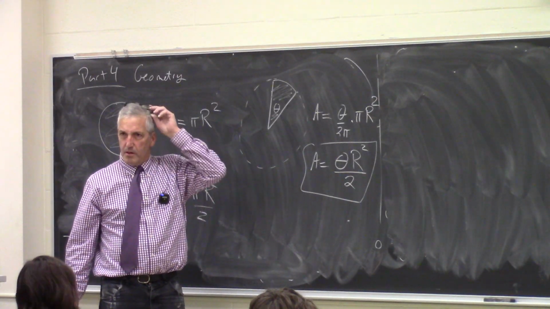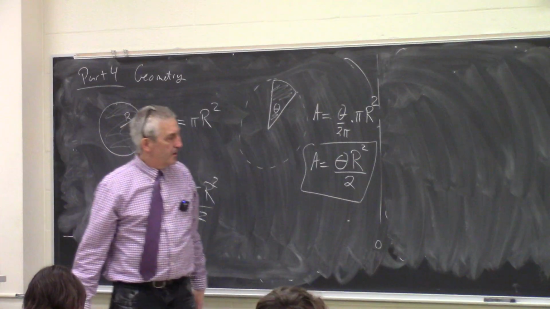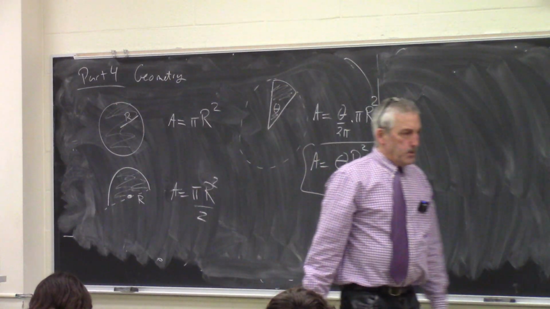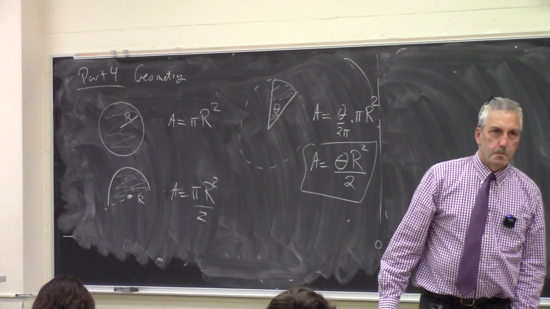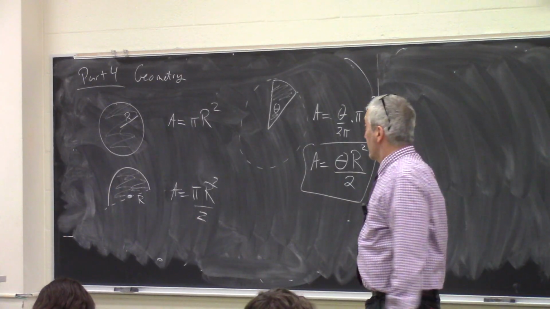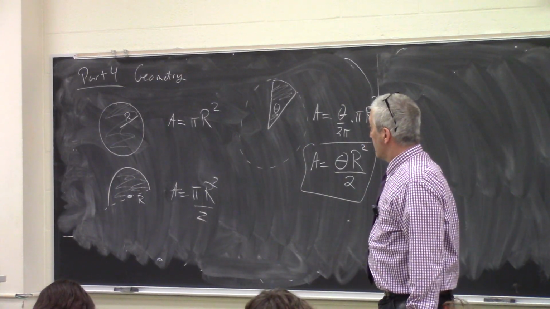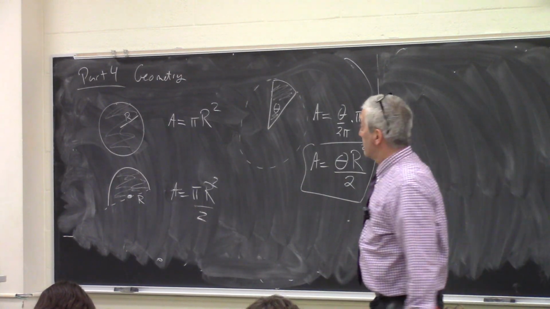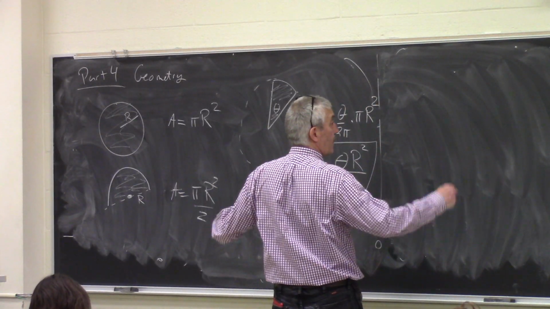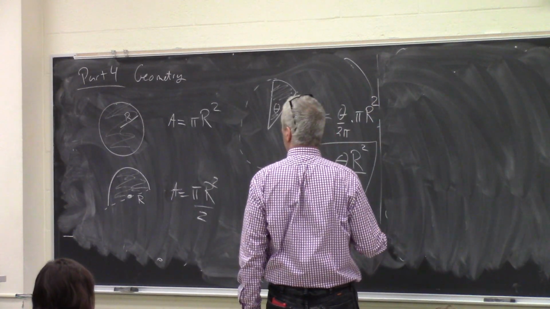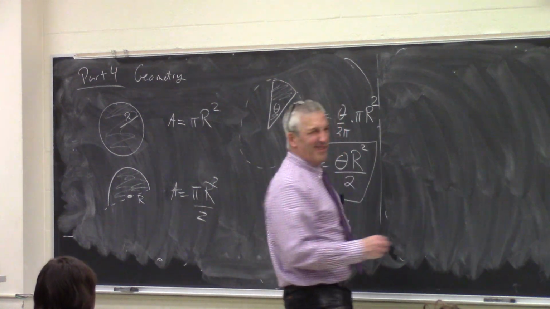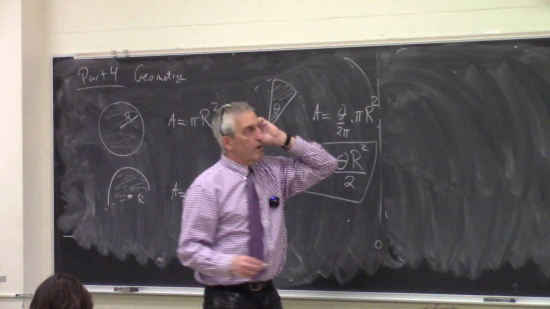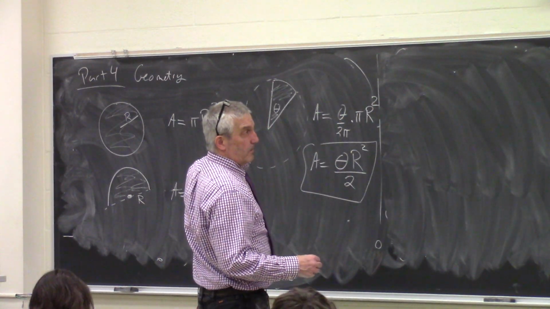Anybody remember that this is the formula? So the thing is, your book does a lot of hardcore calculating of stuff that it's not really smart to do.